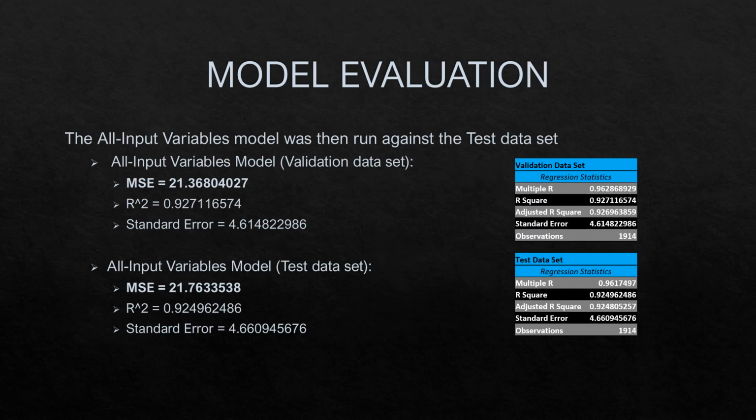For the model evaluation, the all input variables model was then run against the test data set. All input variables came up with an MSE of 21.4 if rounded up and an R squared of 0.927, versus the validation with an MSE of 21.8 if rounded up and R squared of 0.924, or 0.925 if rounded.